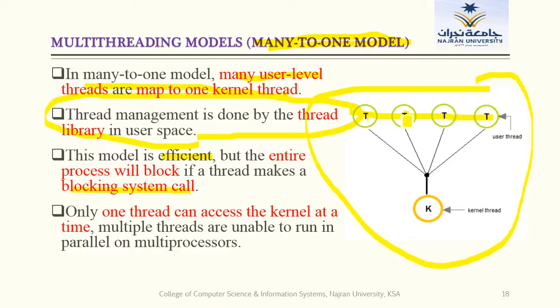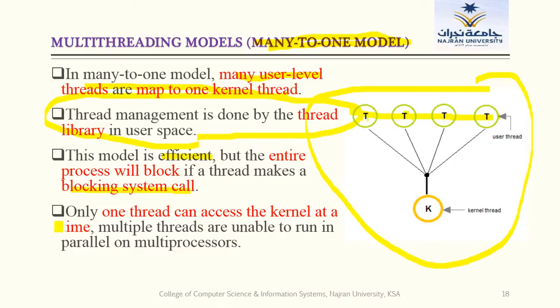If any thread makes a blocking system call, the whole system will be blocked, because all the user level threads are mapped to only one kernel thread. That's why in this model, if any thread is blocked, then the whole system will block.